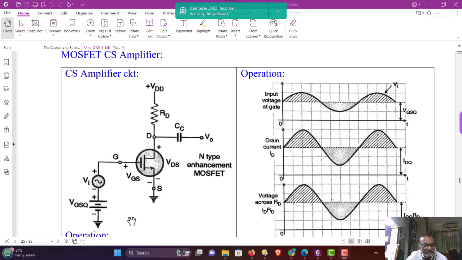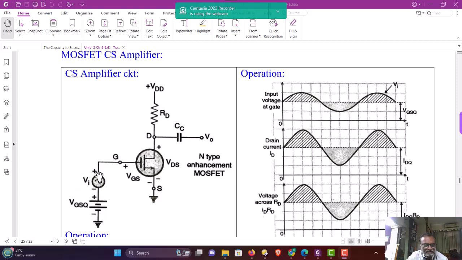Whereas in this circuit, we will see the AC voltage vi is added in series with VGSQ to the gate. And therefore, the voltage between gate and source is effectively due to two components. One is the DC component VGSQ and another component is vi. Vi is the AC component and VGSQ is the DC component.